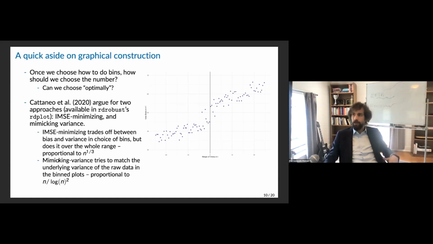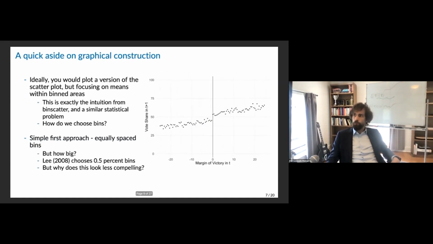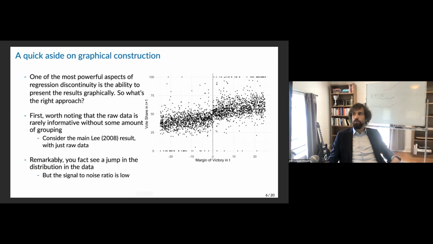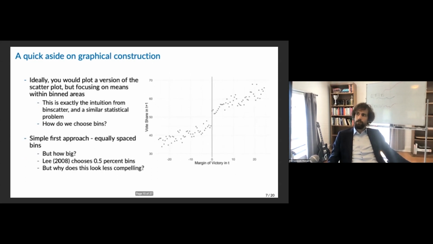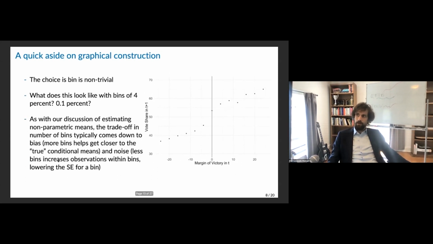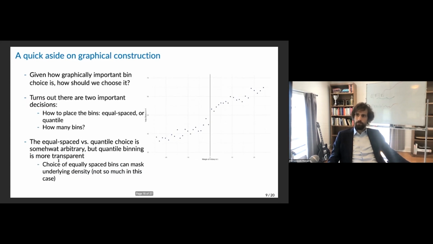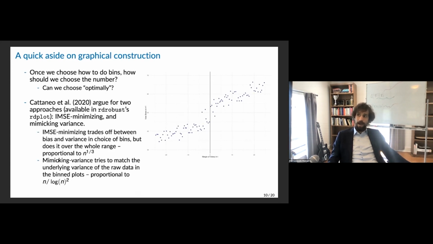Ideally, the reason we don't show the raw data here is that it's very hard to see what's going on underneath. But at the same time, it's very valuable because you can see how much variance there is and how much signal there is. So the extent to which you can mimic that in your choice of bins can be valuable.